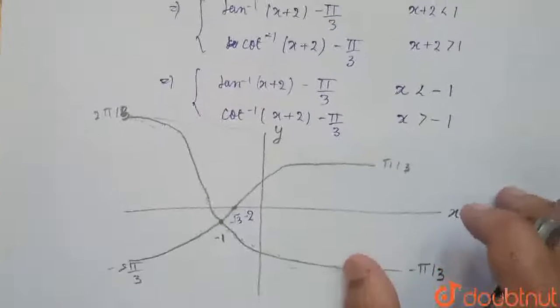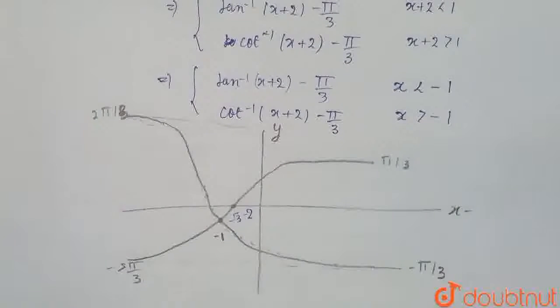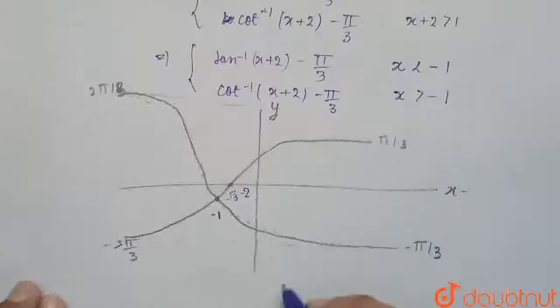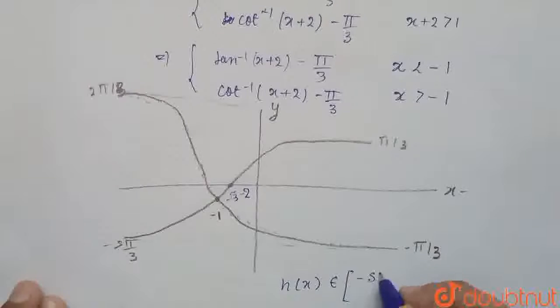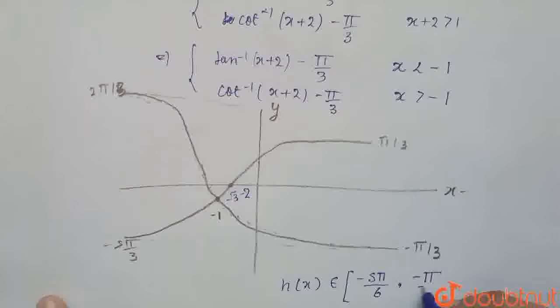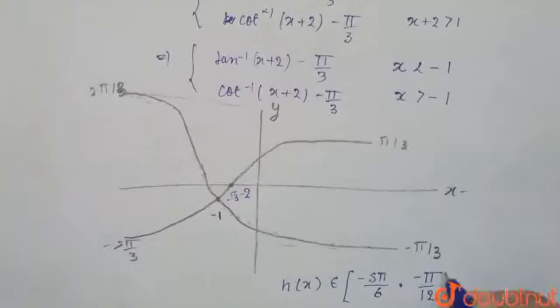Now see, the minimum value of h(x) is, we can see, minus pi by 6 and the maximum value will be minus pi by 12.